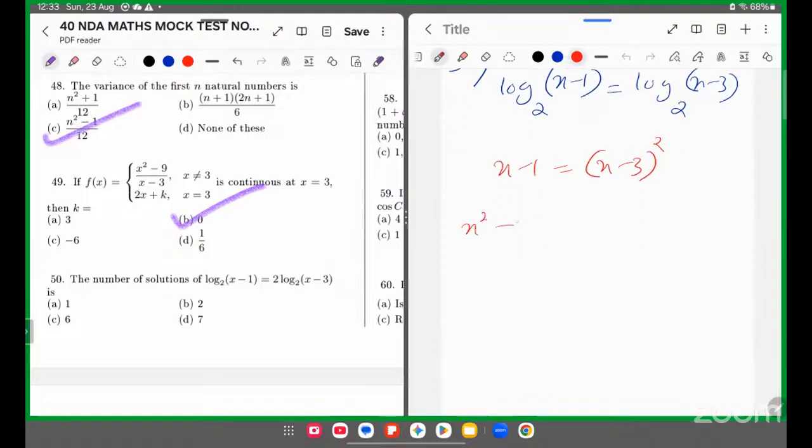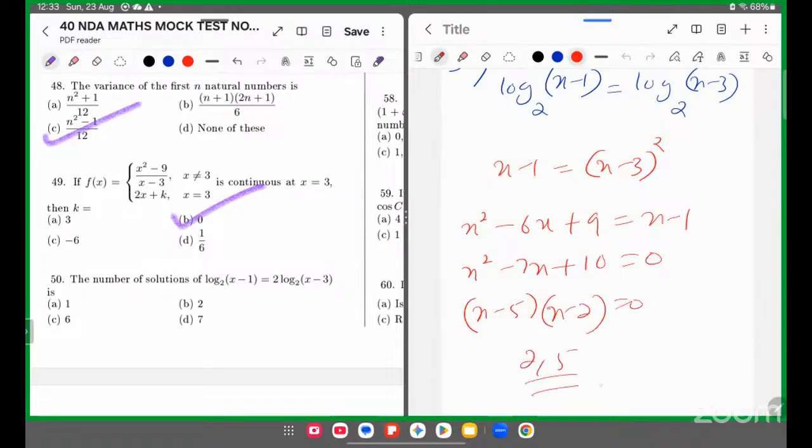So x square minus 6x plus 9 equal to x minus 1, x square minus 7x plus 10 equal to 0. So (x minus 5) into (x minus 2) becomes 0. So 2 and 5. So the number of solutions will be, question number 50, answer will be option, okay, 2 and 5.